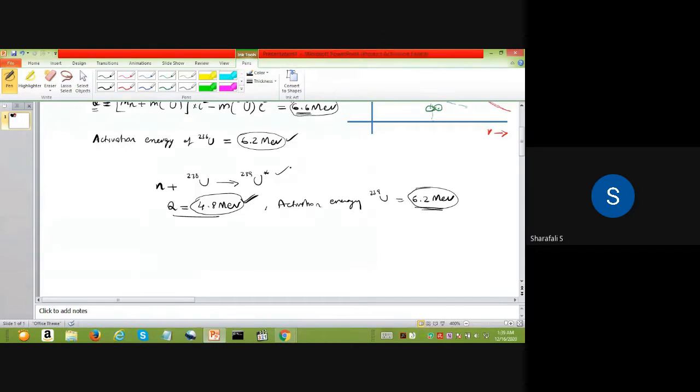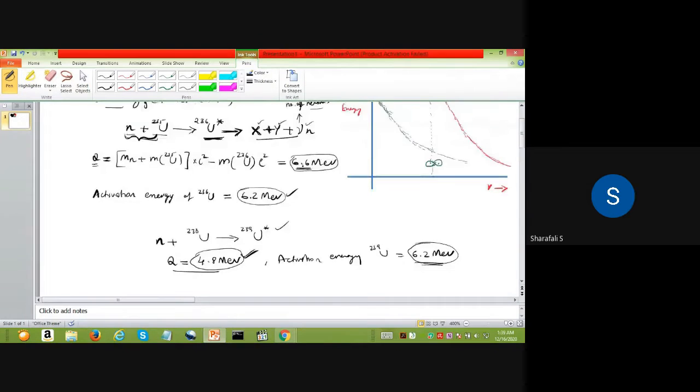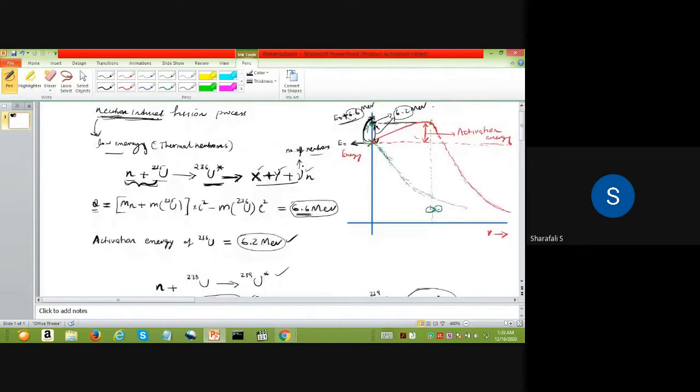Now if you consider a nucleus which absorbs these neutrons and undergoes the fission process, in such nuclei the potential barrier will not be there. After absorption, the nucleus will go to the excited state.